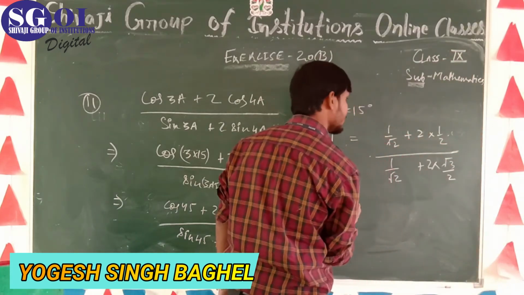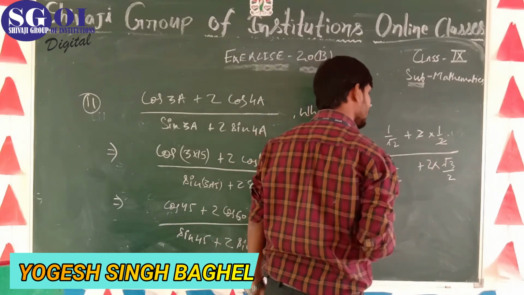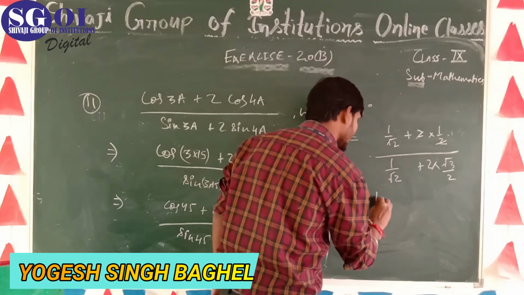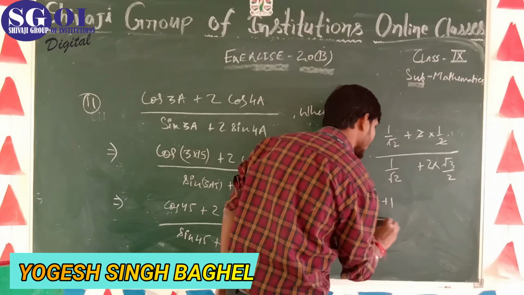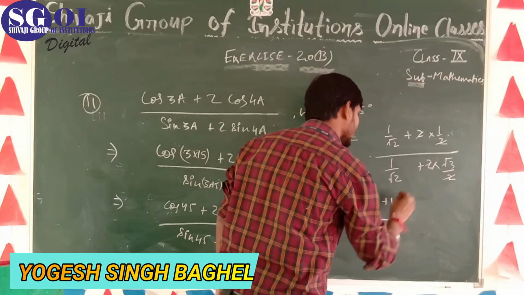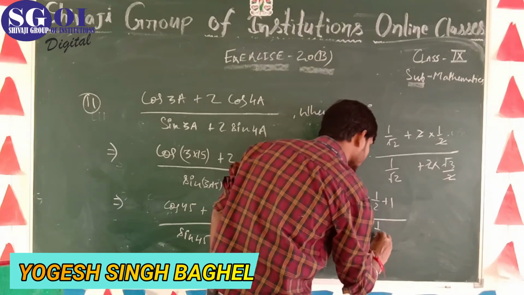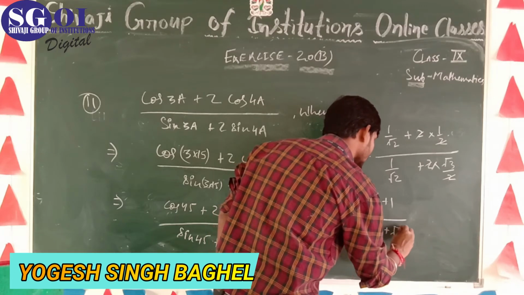So it comes, 2 cancel 2, 1 by root 2 plus 1 upon 1 by root 2 plus root 3.